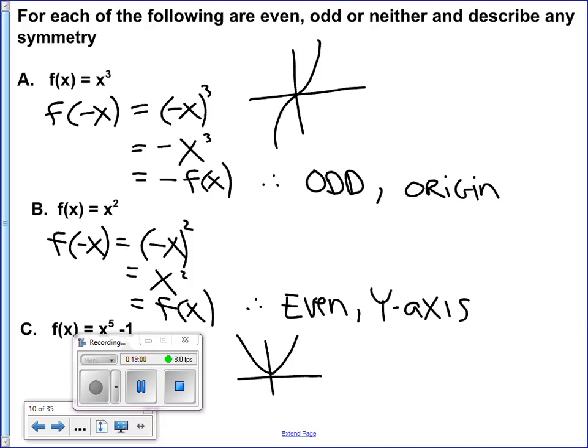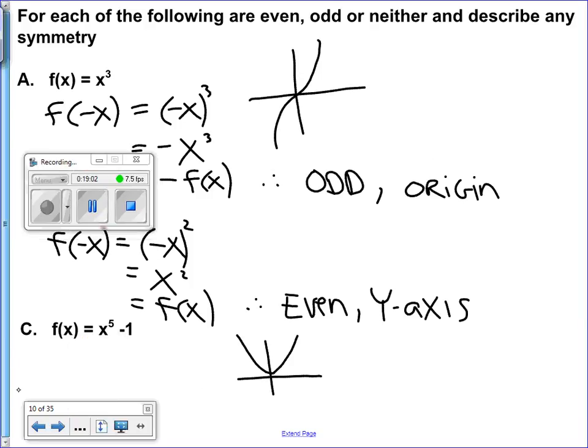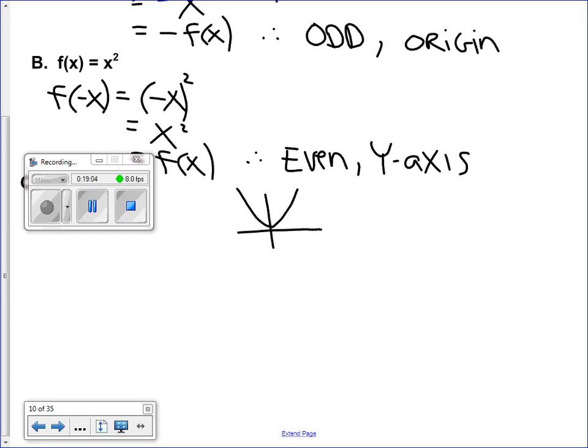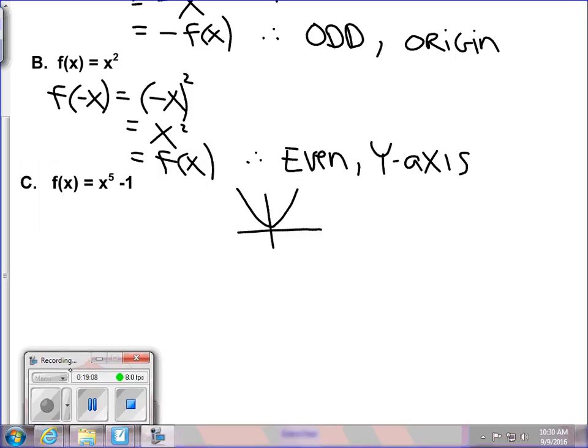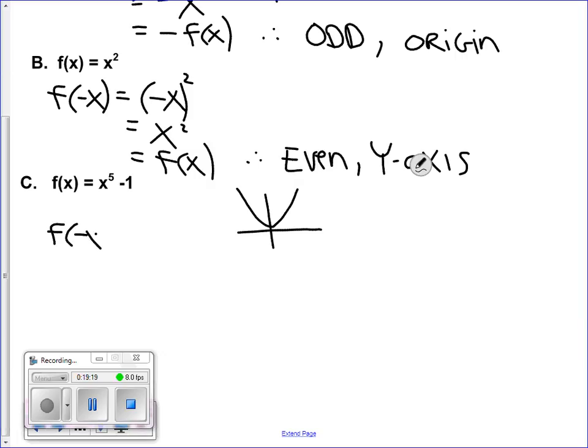Let's try another one. f of x equals x to the fifth minus 1. So, first step, we should replace the x with a negative x. See what it looks like. Okay, when you clean this up, what is it going to be?